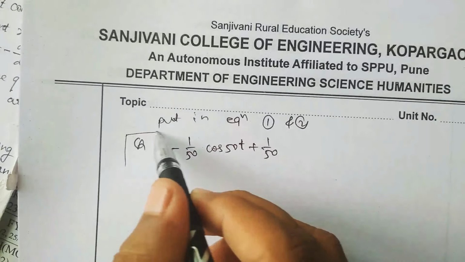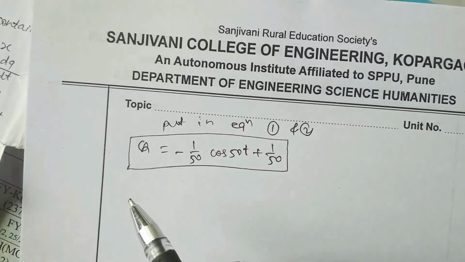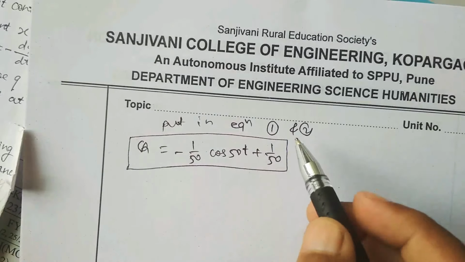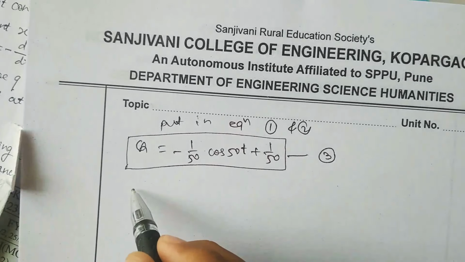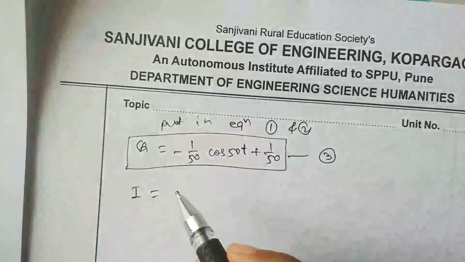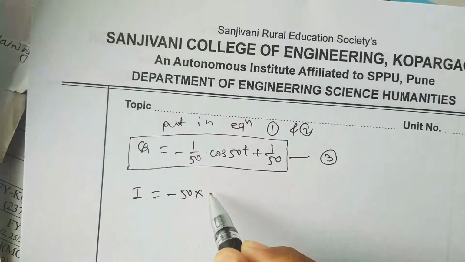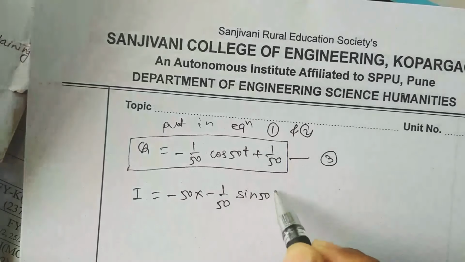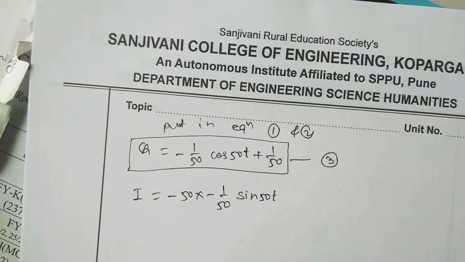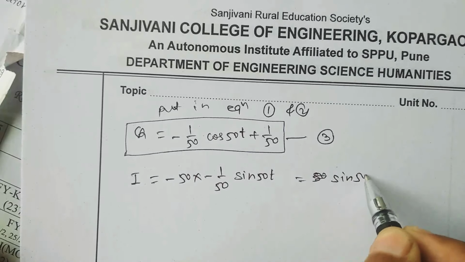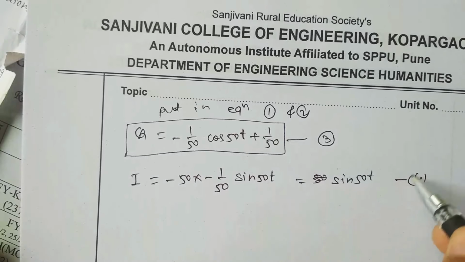So this is the charge q in the circuit. Call it equation number 3. Equation 2 becomes I equals, with C1 as minus 1 upon 50, we will get minus 50 into minus 1 upon 50 sin 50t. The value of C2 is 0, so the second term automatically becomes 0. So this is equal to only sin 50t. Call it equation number 4.